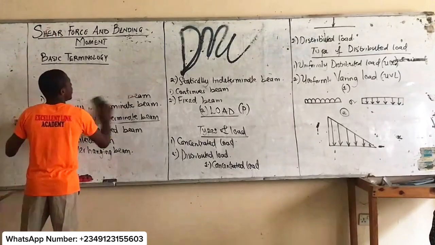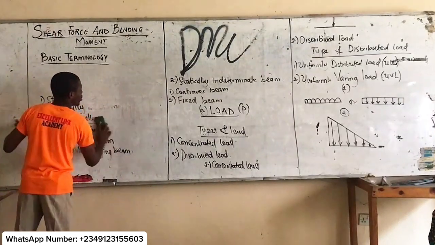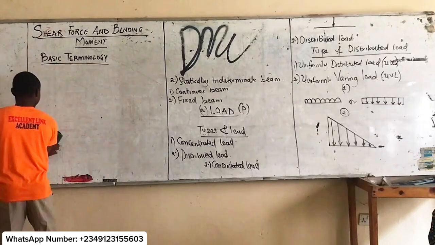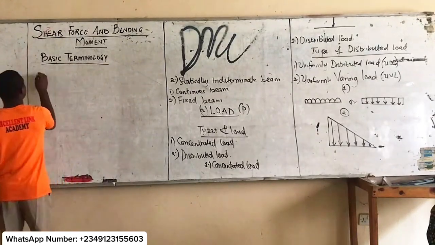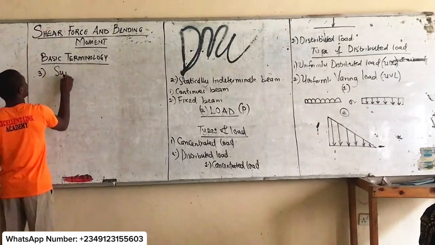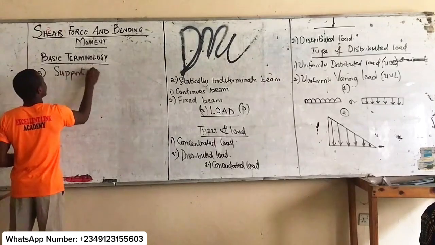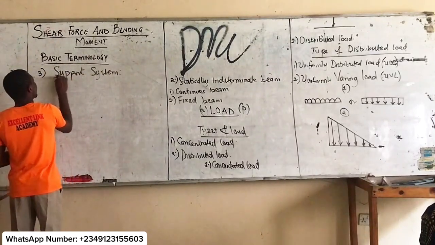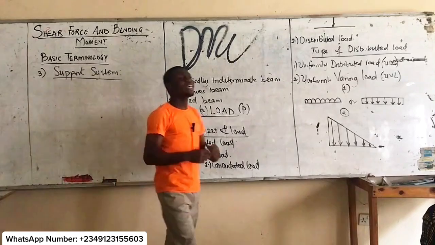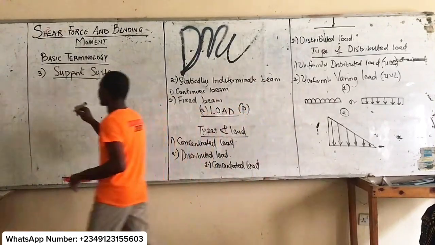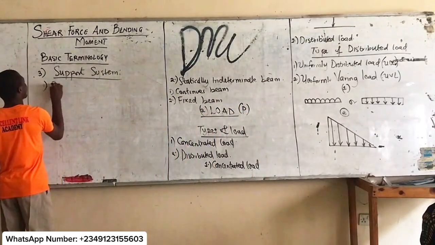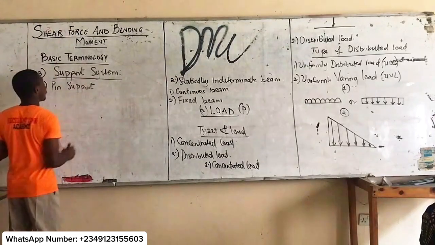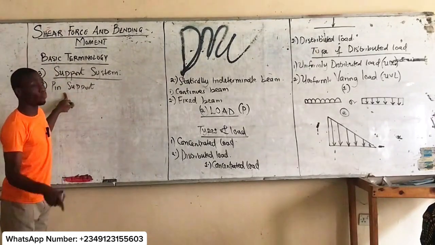Number 3, let's discuss the third technology in the study of shear force and bending moment, called the support system. When it comes to the support system, there are types of support. Number 1 is called the pin support system, also called the knife edge support.